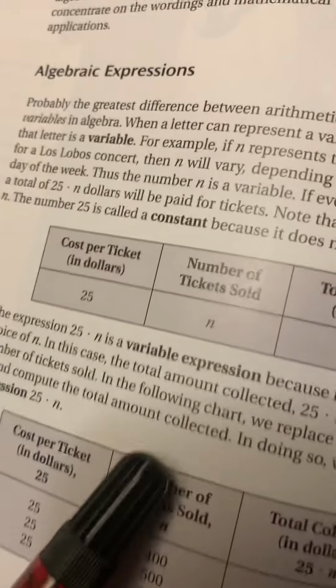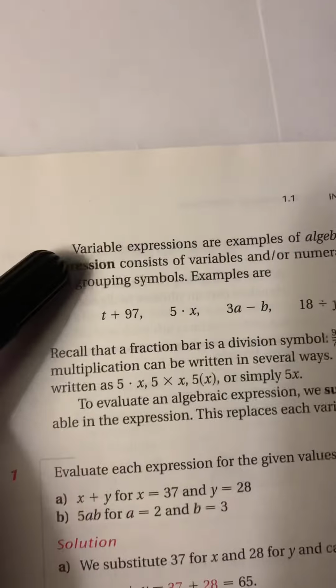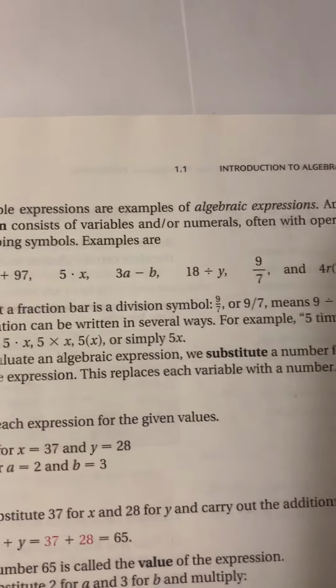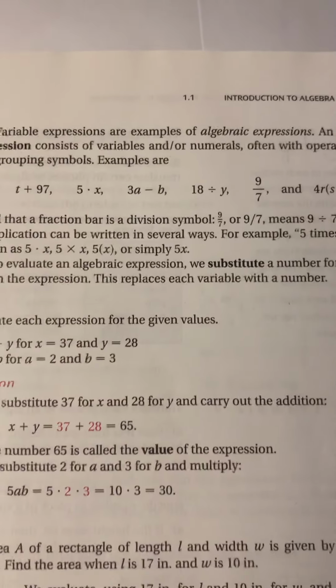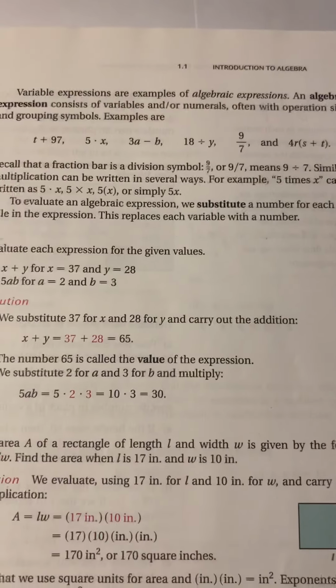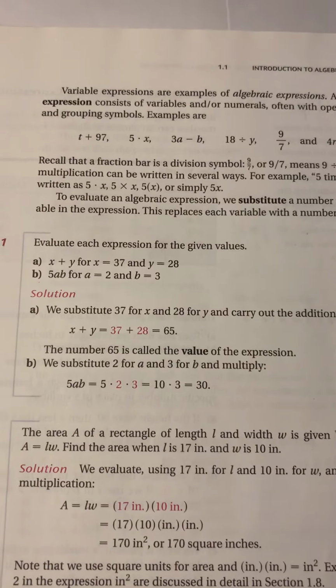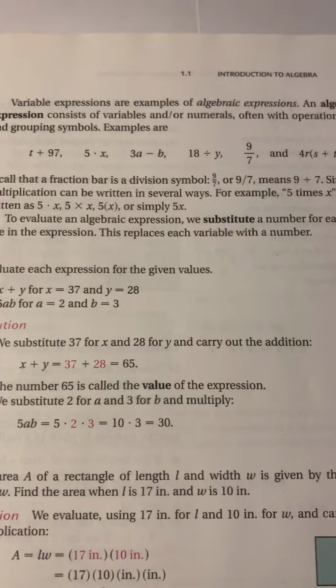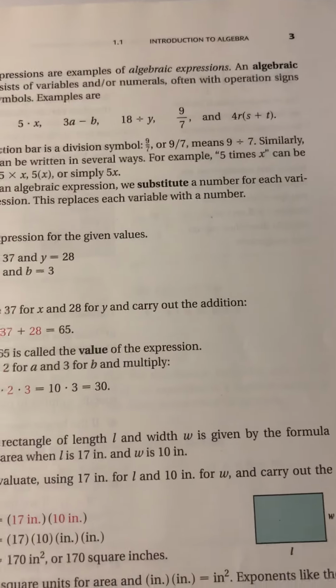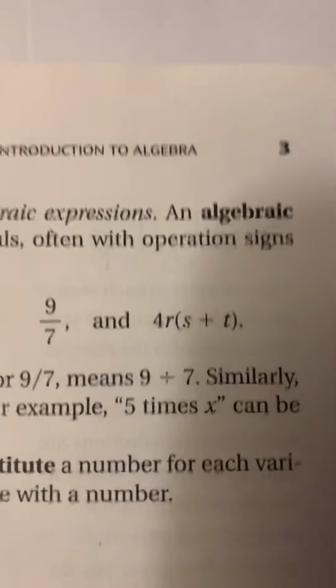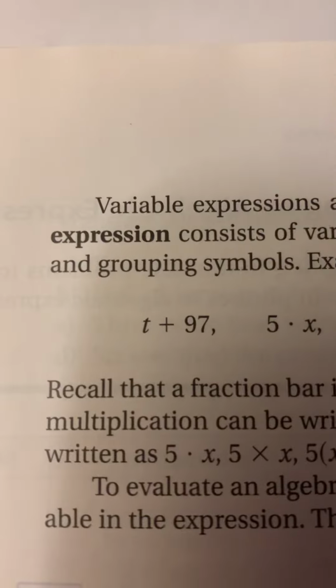So these things down here, variable expressions, are examples of algebraic expressions. An algebraic expression consists of variables, which again are letters, and or numbers, often with operation signs, and grouping symbols.